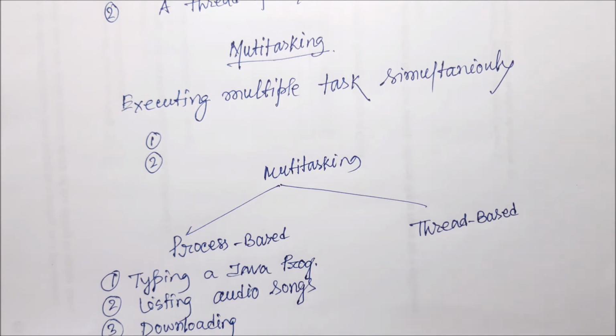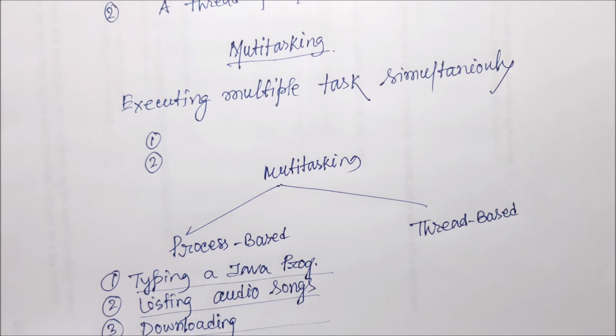Now look at this, each of the tasks is independent, and those tasks are being done at a time. If listening to an audio song does not depend on typing a Java program, this is a separate task, this is also a separate task, and this is also a separate task.